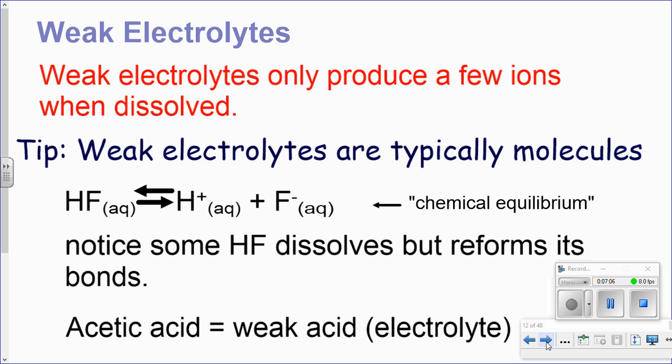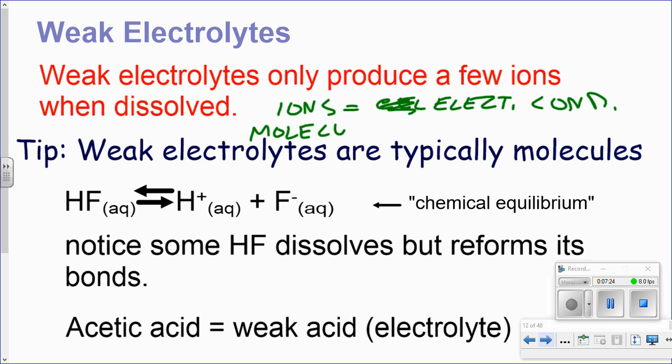Weak electrolytes only produce a few ions when dissolved. So there are some ions and then some molecules. So we need to say that ions are electrically conductive, whereas molecules lack this electrical conductivity, so they're not electrically conductive.